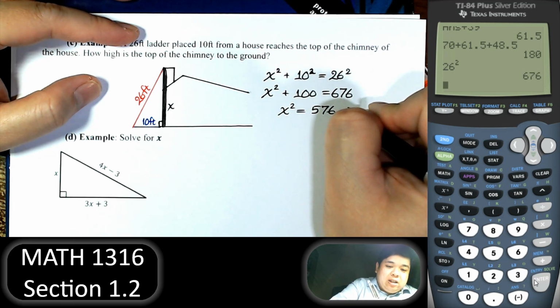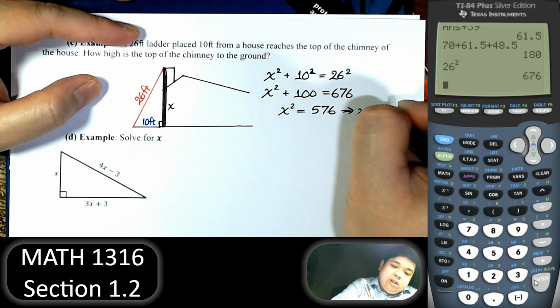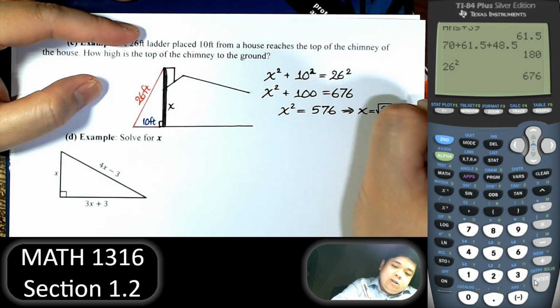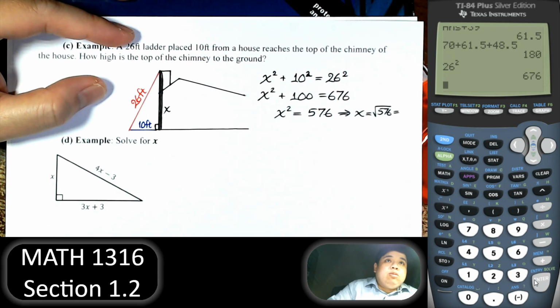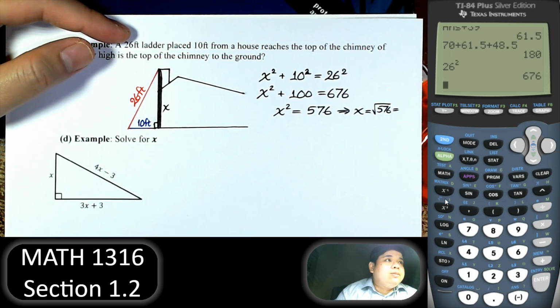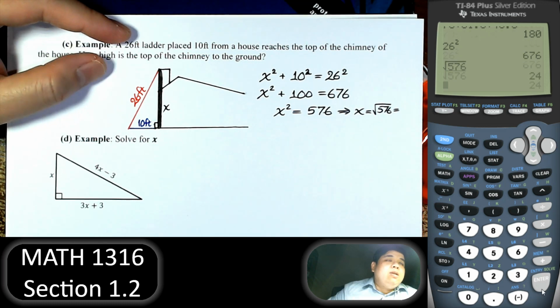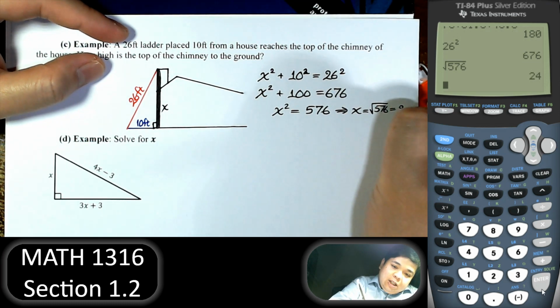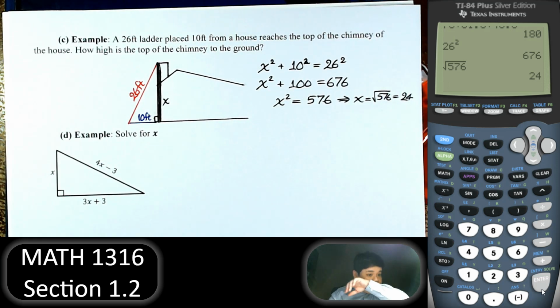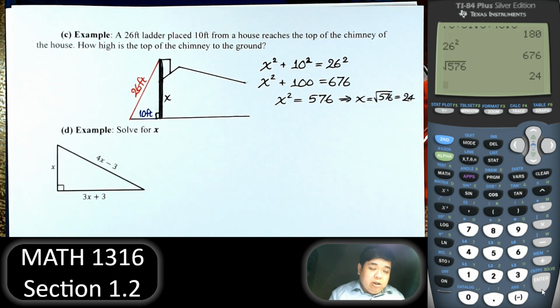I'll get back to x. We take the square root of 576. That should be 24. So from the chimney to the ground is 24 feet.